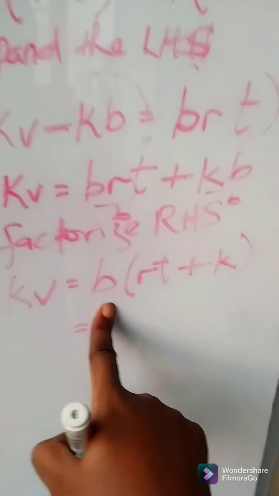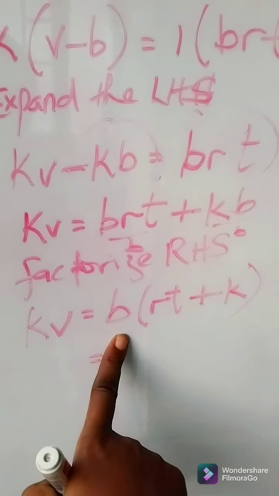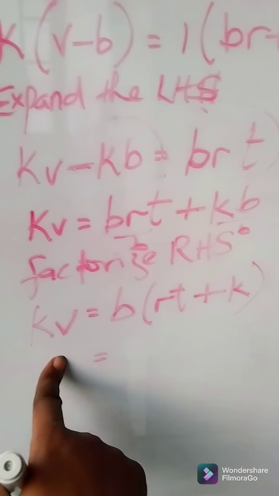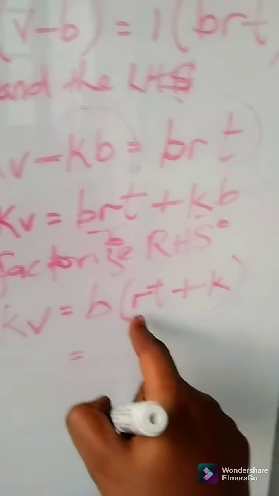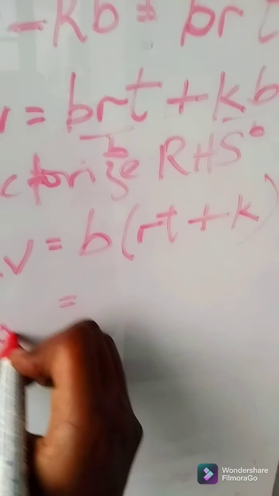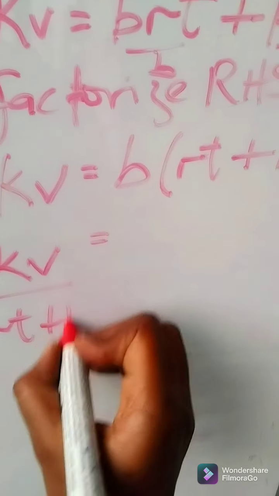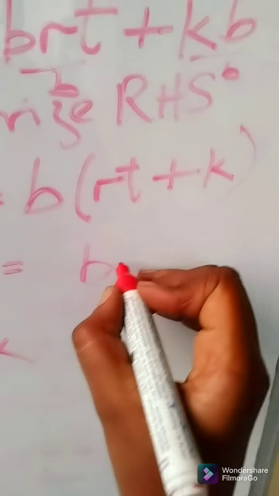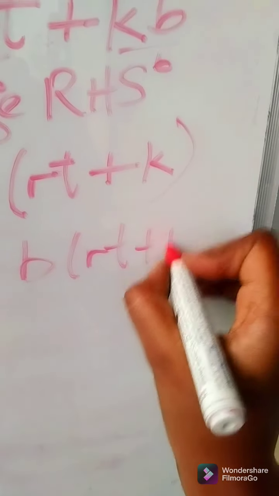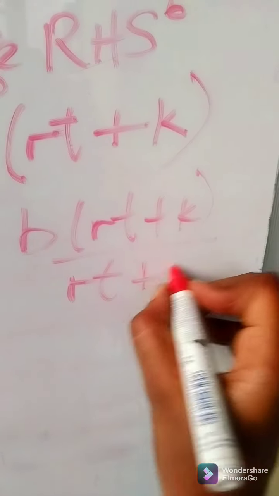So we need to isolate b. b needs to be alone on one side. So we will divide both sides, or we'll move this over and it becomes divide. So we'll say kv all over rt plus k equal to b times (rt plus k) all over rt plus k.